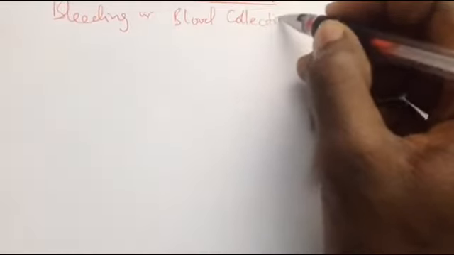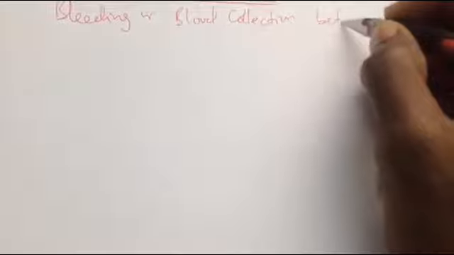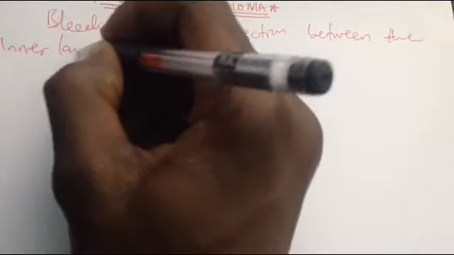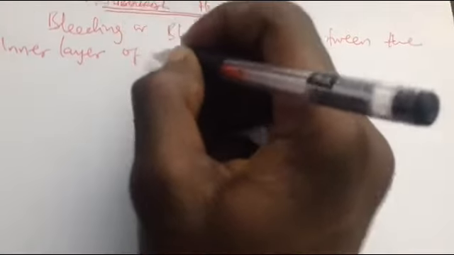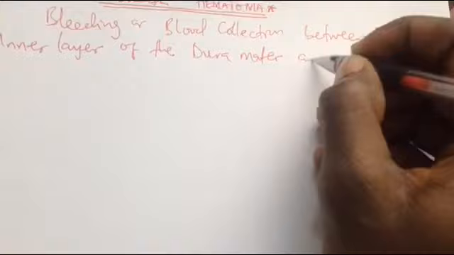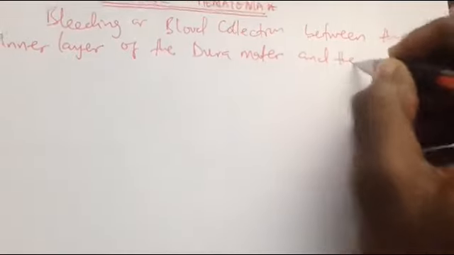So it is a collection of blood between the inner layer of the dura mater and the arachnoid mater.